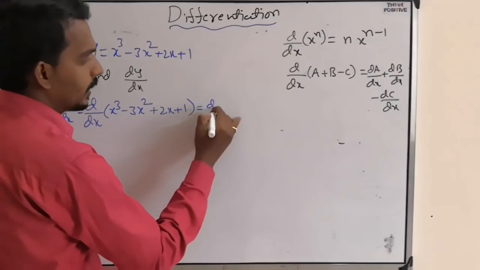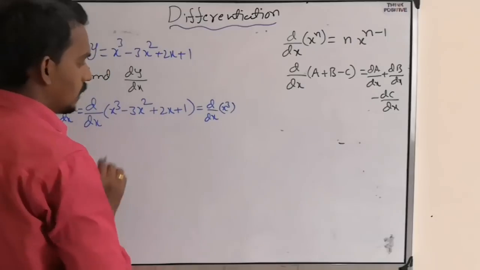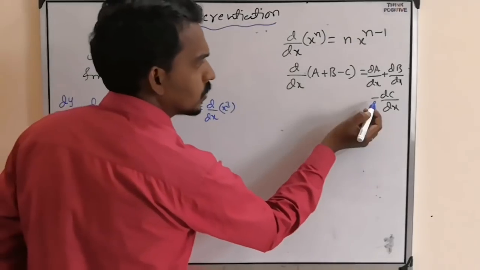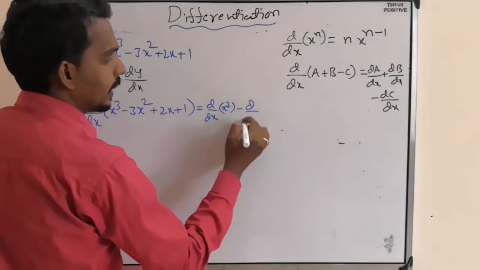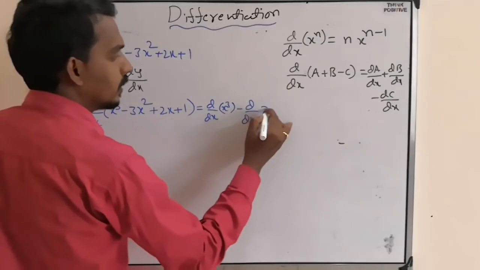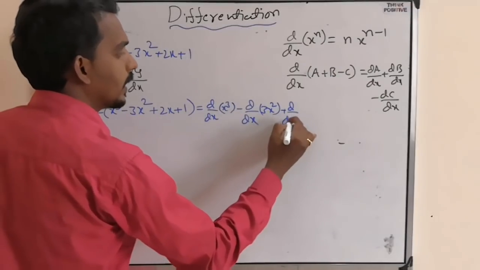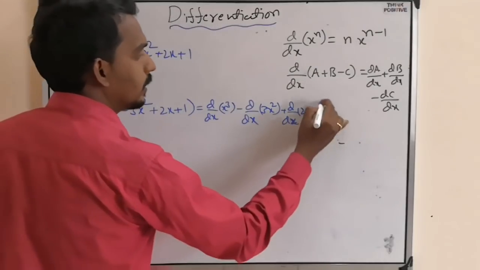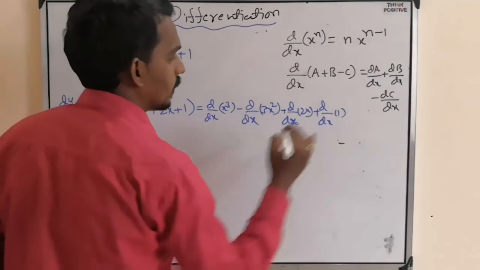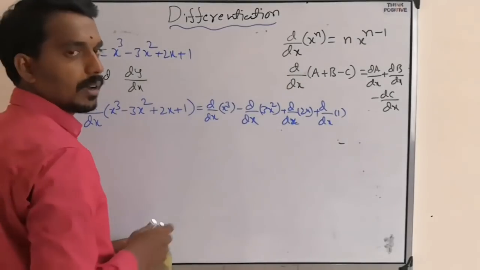Like d by dx of first one x cube. Minus means you write minus, plus means you write plus. So here minus d by dx of 3x square plus d by dx of 2x plus d by dx of 1. Expansion.